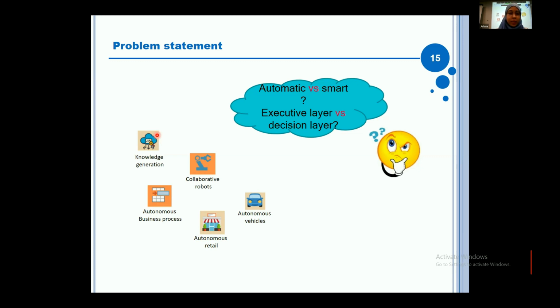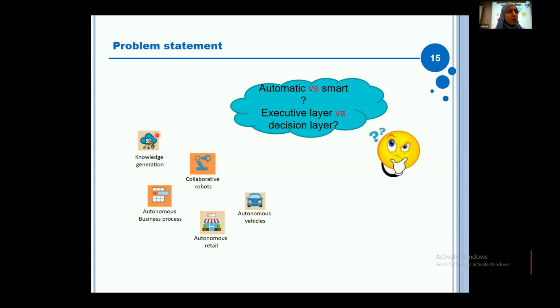So the question here is, do we need the system to execute the process, or rather decide the process? Actually, if we aim to reduce the user intervention, the executive layer is not sufficient. We need a smarter system that decides and interacts with its context and accomplishes its task with minimal human involvement.